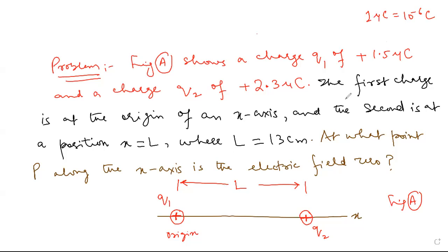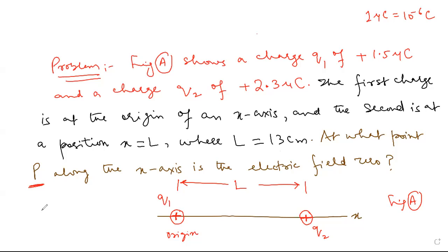The first charge is at the origin, Q1 is at the origin. The second is at a position x is equal to L. So for Q2, coordinate is L, and L is 13 centimeter. Now we are asked to find point P along the x-axis at which the electric field is 0. This is our problem.